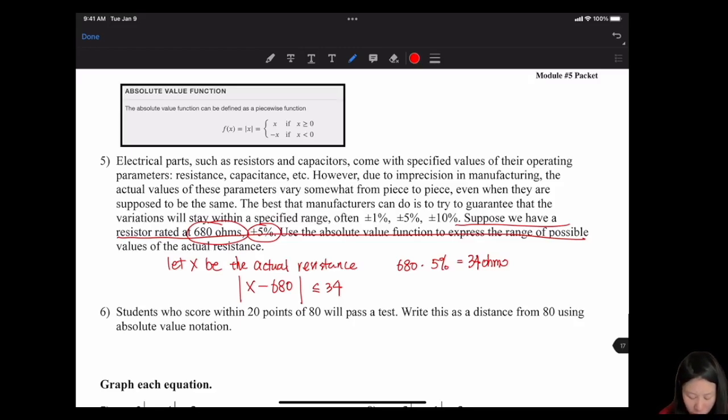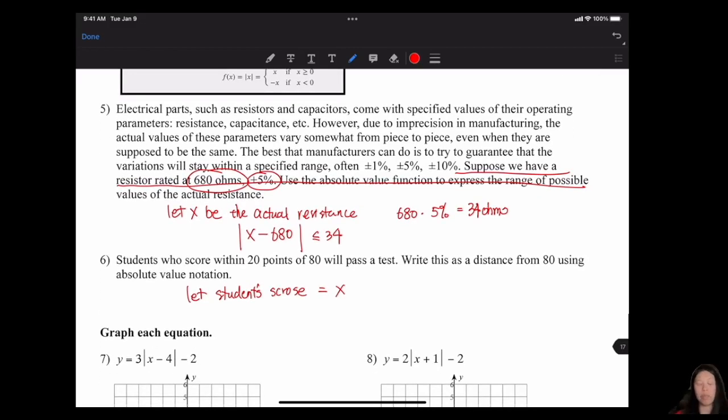Okay, a student who scored within 20 points of 80 will pass the test. Write the distance from 80 using absolute value notation. So let the student's score equal X. You want X minus 80 to be within 20 points, right?